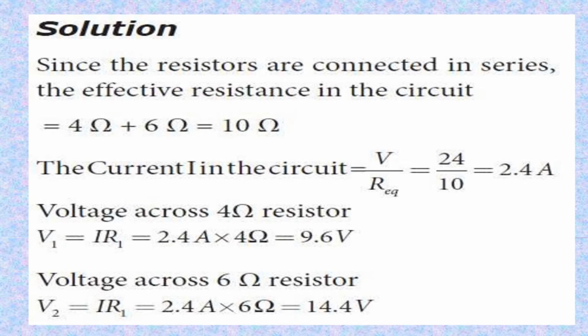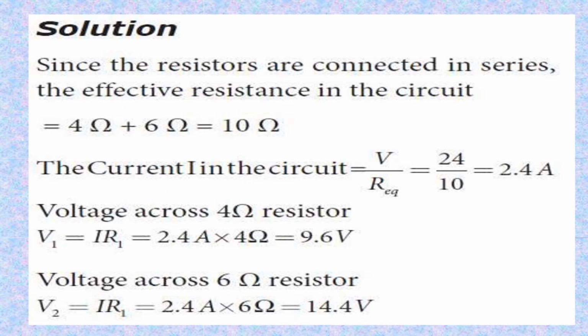And the current I in the circuit can be found by Ohm's law, that is I is equal to V over R. So by putting the value of V and R, that is the equivalent resistance, 24 over 10 is equal to 2.4 amperes. Now that we have the value of current, we can easily find the voltage across R1 and R2.